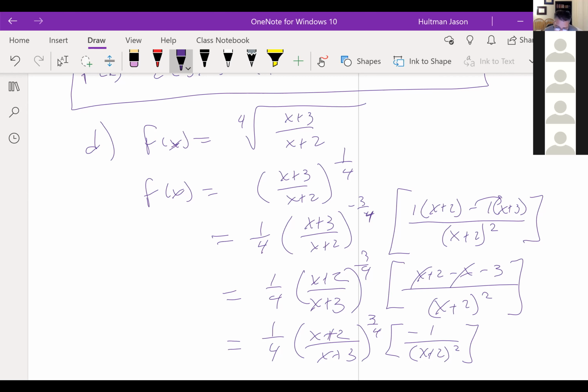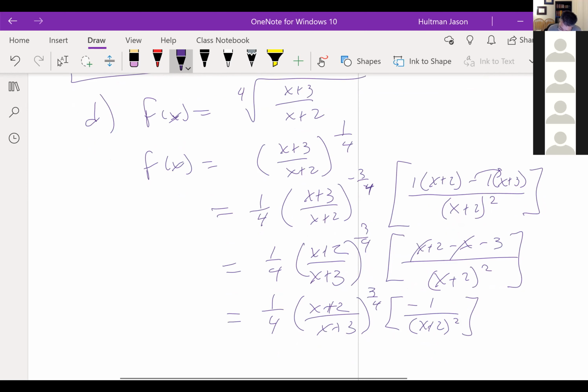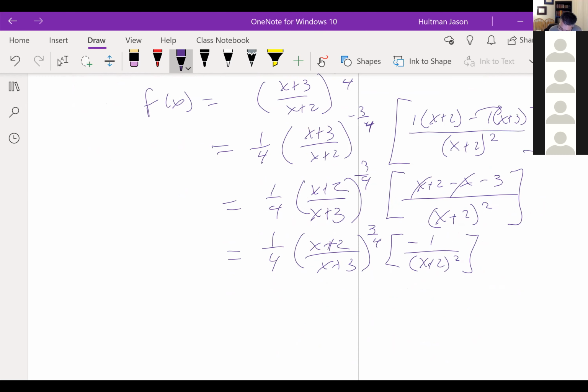Okay, plus 2. Oh, is it? It's plus 2. No, it's plus 2. It's good. Okay, and then I think that's, oh, look at this. We've got an x plus 2 on the bottom, and we've got this funky thing going on, x plus 2. So let's do this.